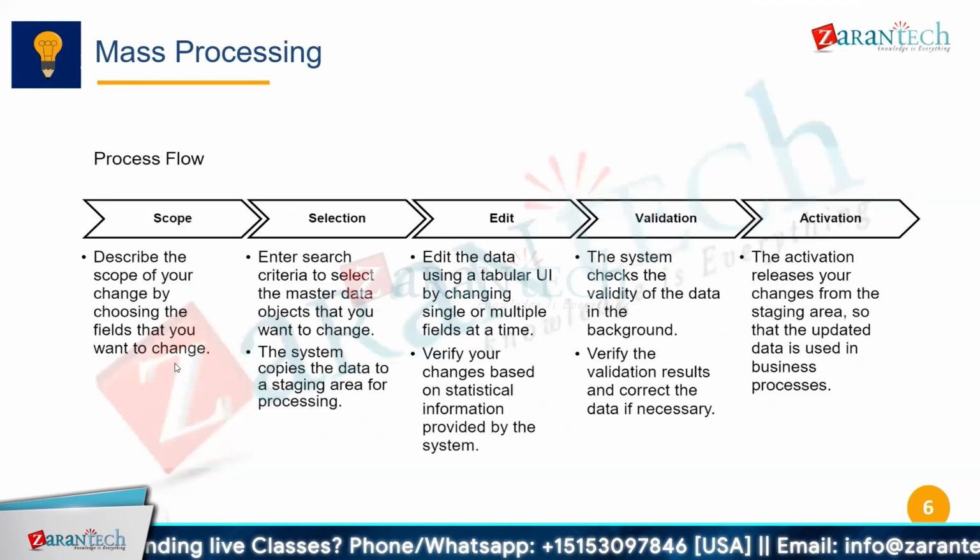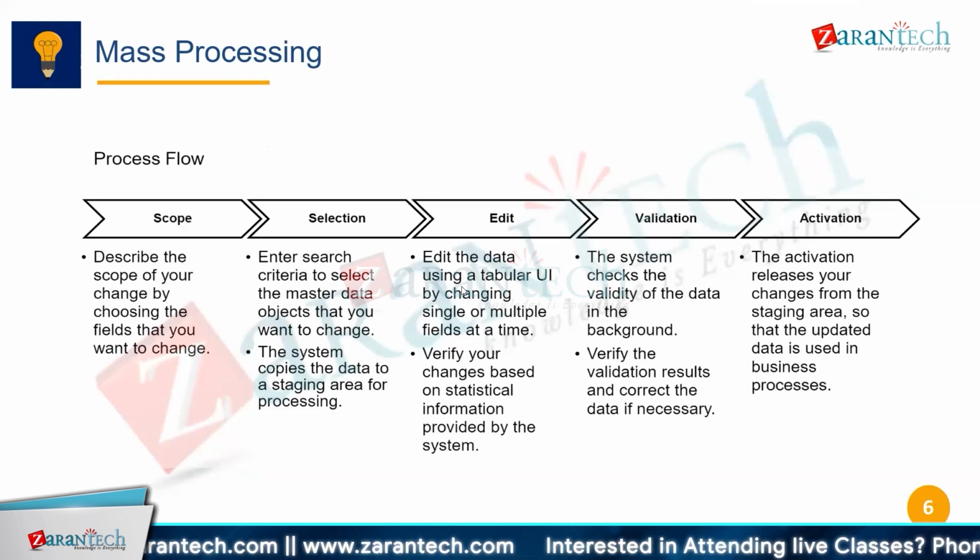If you want to change anything, you can change it. And in the selection criteria, after the file upload also, you can see the selection criteria. So what are the objects selected? And then you will have edit option. So in edit, as I said, it will give you the list of validated records if there are any errors.